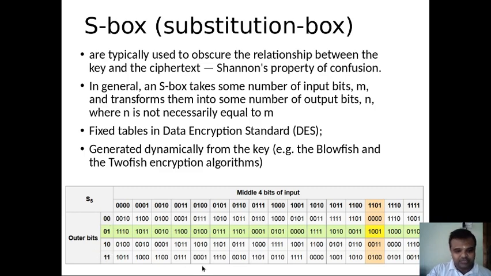So this is the row that has to be chosen. In the middle you had 1 0 0. So this is the column that had to be chosen. So for 1 1 0 0 0 1, your output is going to be 0 1 1 0. So each 6 bits that goes into the S boxes gets substituted into 4 bits.